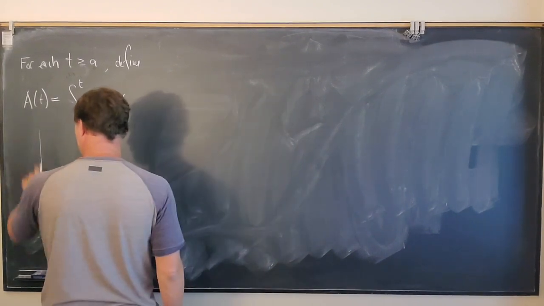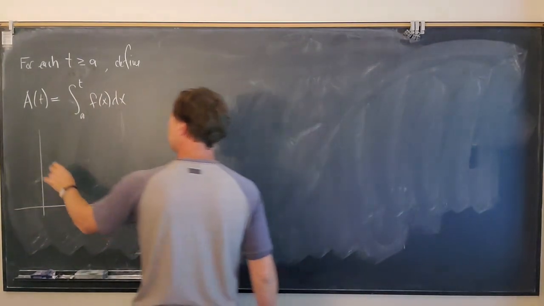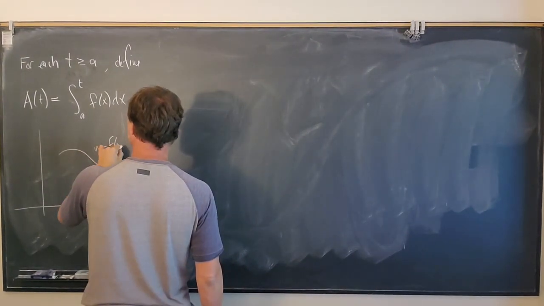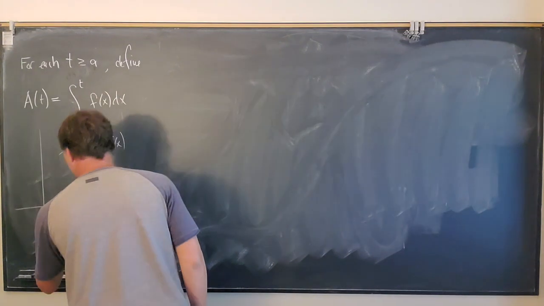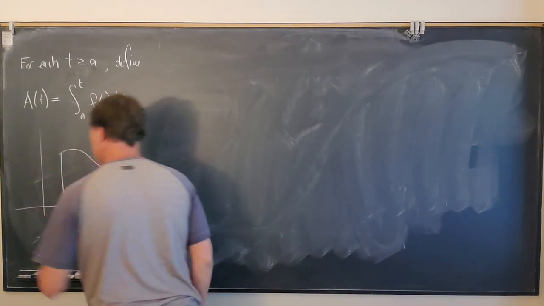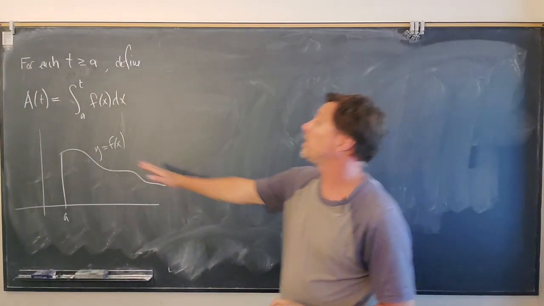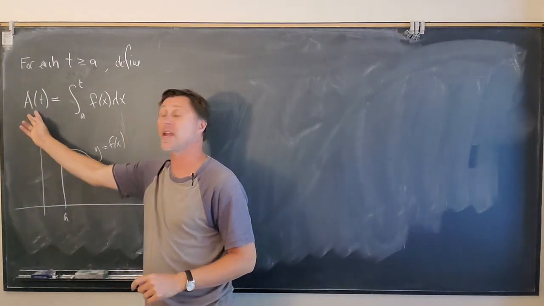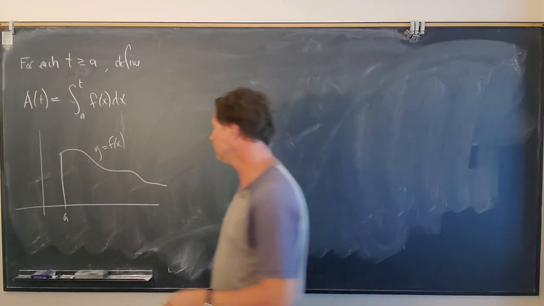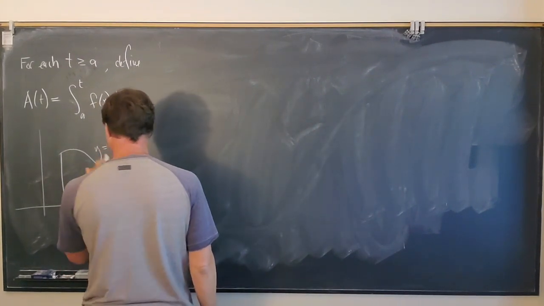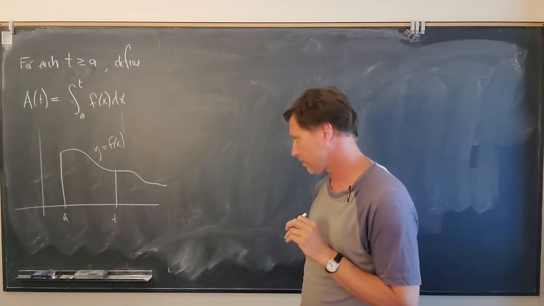So let's draw the picture here. We've got some function. Let's say this is y equals f of x. A is over here. And so now we say for each t greater than a, we define this formula right here. So we've created a function, capital A. And how is it computed? Right? How do you compute capital A of little t?